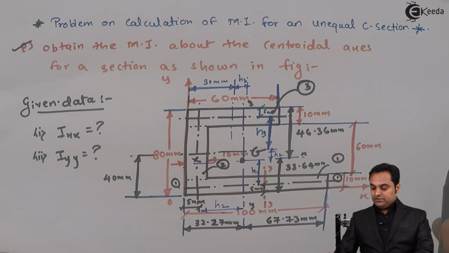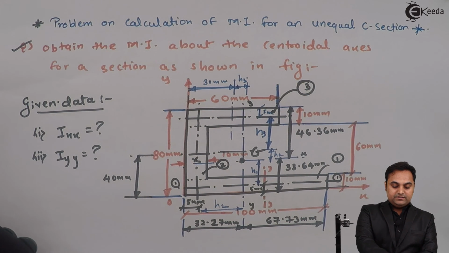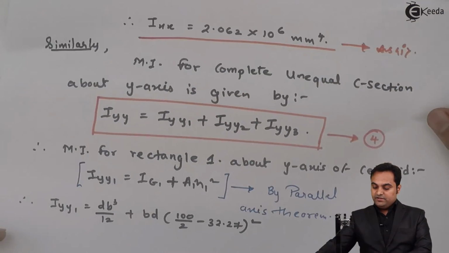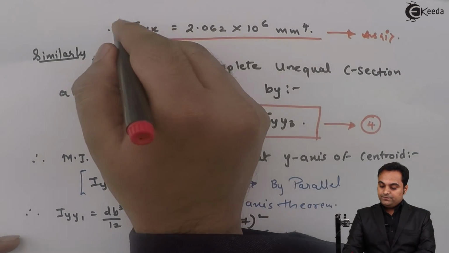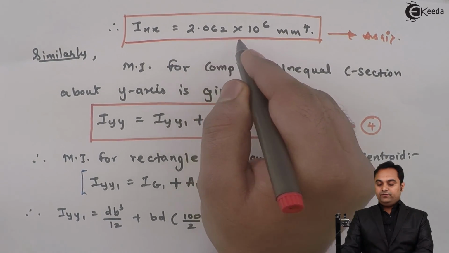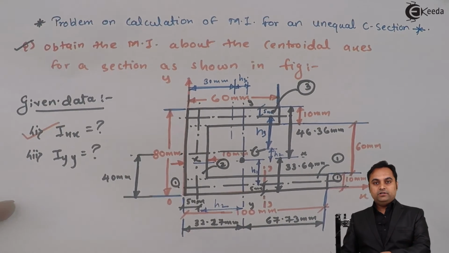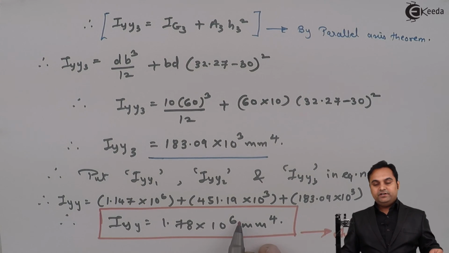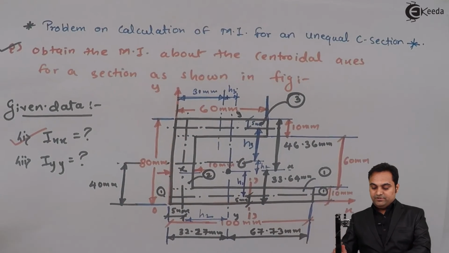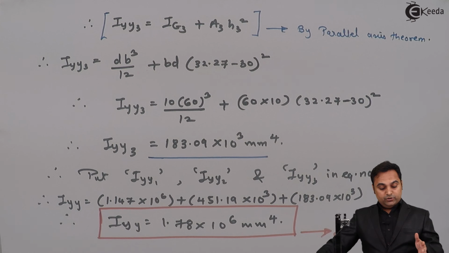So for this unequal C-section, the moment of inertia about x-axis, we have found out Ixx is equal to 2.062 into 10 raised to 6 mm raised to 4. Similarly, Iyy was 1.78 into 10 raised to 6 mm raised to 4. Once we have found out both the unknown values, we can say that the problem has been completed.